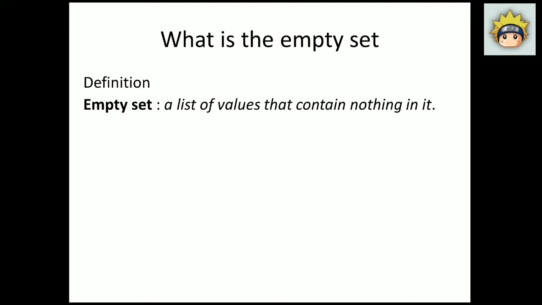The empty set's definition that we're going to be using is a list of values that contain nothing in it. That is why it's called the empty set, because there's nothing in it. We also call the empty set the null set, because null is what empty is. The symbol that you can use is just the fancy bracket with nothing in it, or the 0 with a slash going diagonally down on it.